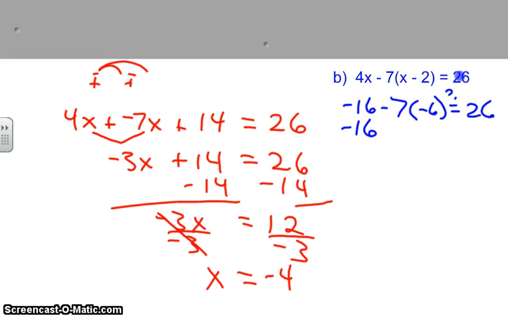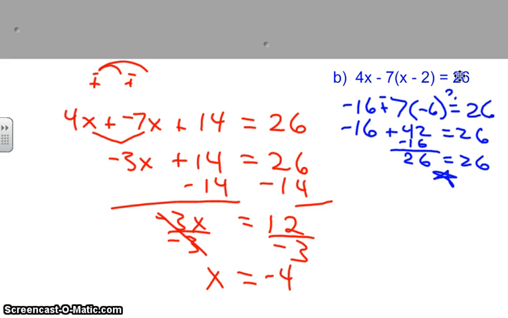Let's see. Negative 16. Let's change this to adding an opposite, right? Negative 7 times negative 6 is a positive 42 equals 26. And now we have opposites here, negative 16 and 42. Let's subtract the 16, and we get 26. Good job. 26 equals 26.